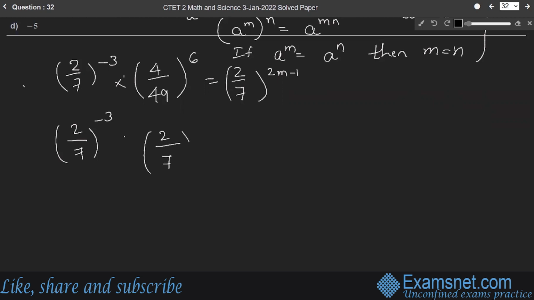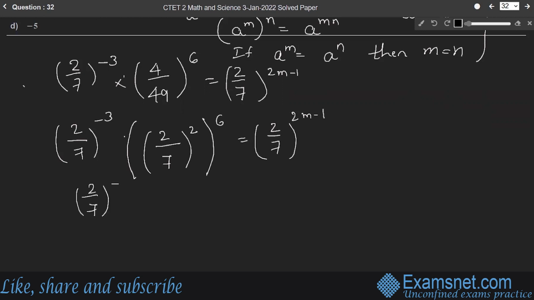So we can write it as ((2/7)^2)^6, which gives (2/7)^-3 × (2/7)^12 is equal to (2/7)^(2m-1). Here 6 into 2 is 12.